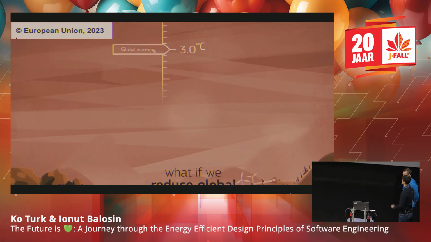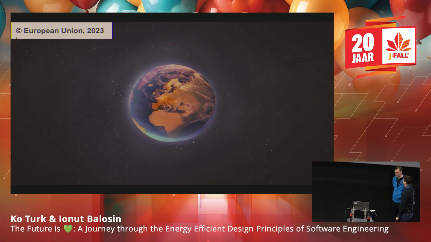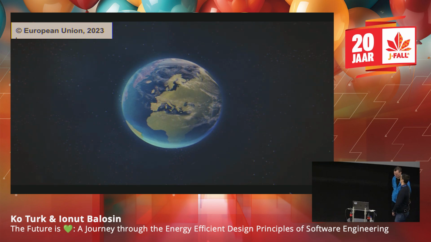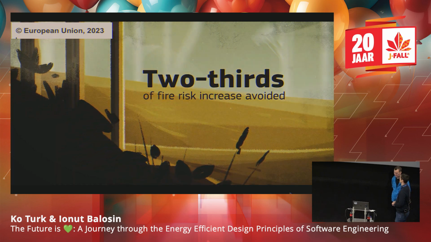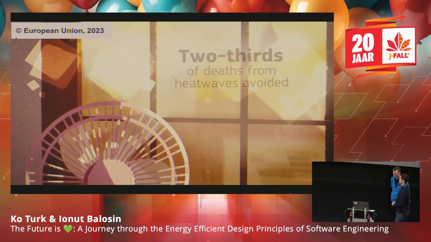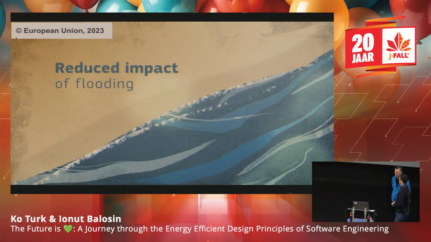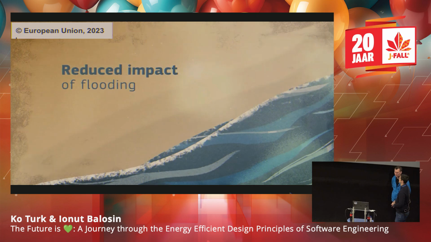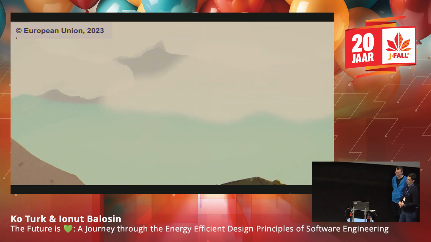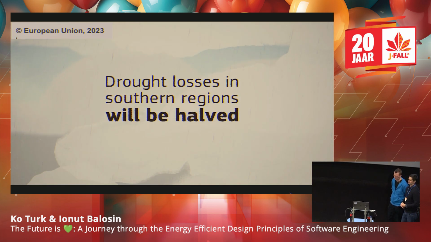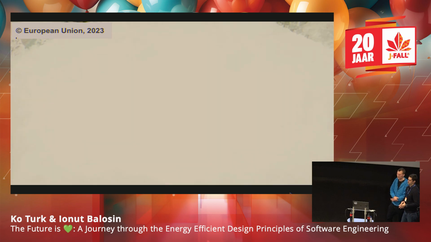If we limit global warming to well below 2 degrees, how will people, the economy, and ecosystems in Europe benefit? 2/3 of the increase in people exposed to high wildfire danger would be avoided. 2/3 of the increase in deaths from heat waves would be avoided. The impacts of coastal and river flooding would be more than halved, and stress on ecosystems and habitats would be considerably lower. The drop in water resources availability and drought losses in southern regions would be halved.